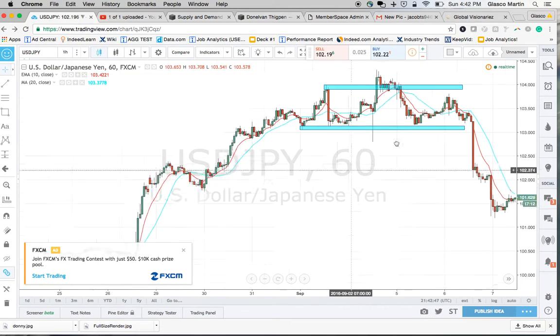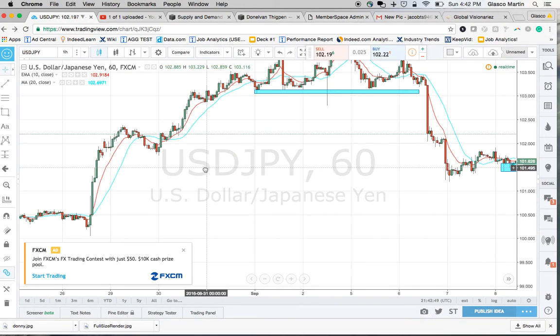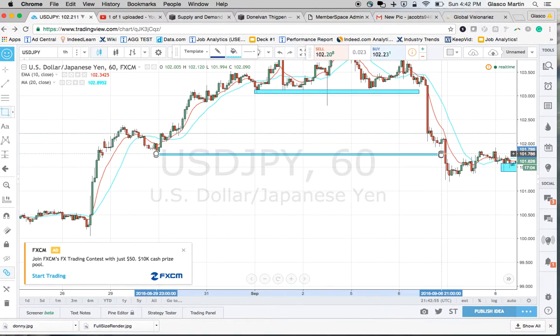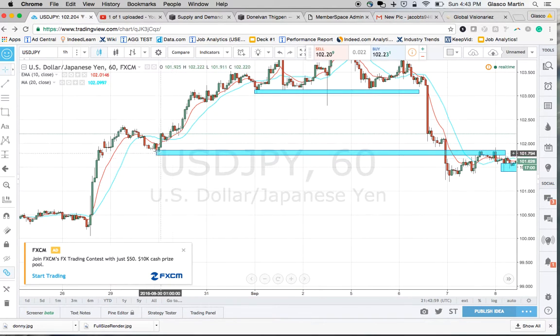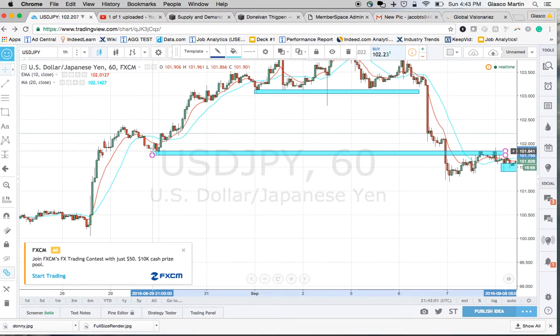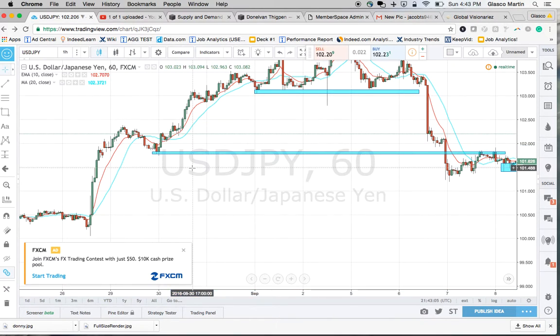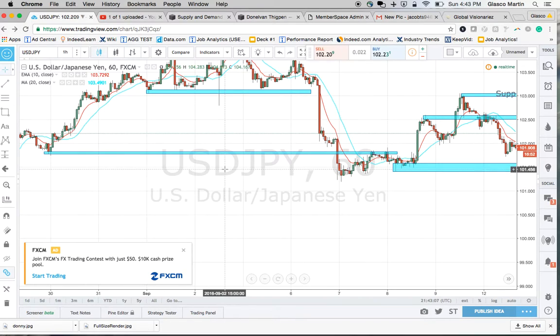Here I'll show you how you can do this one. Again, this could be a demand zone right here. Just make sure. So this could have been a demand zone right here, and then you would have seen that the market didn't respect it at all.